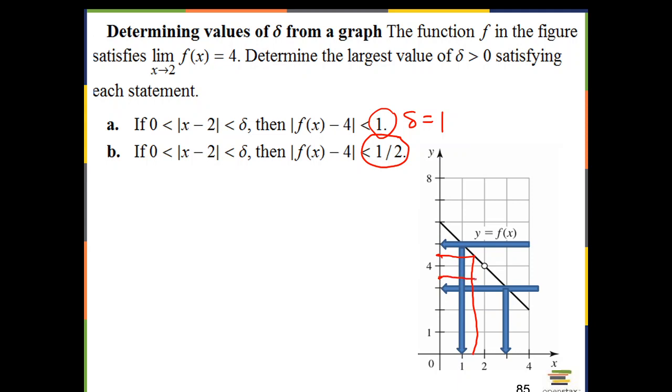It was a little crooked, but go there. So that's like 1.5 and 2.5. So it looks like go 0.5 to the right and 0.5 to the left of 2. We can get that interval. So delta is 0.5. Okay?